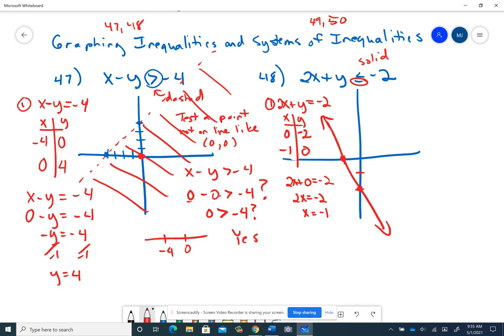But you got to remember to also shade. So you can pick any point on either side of that line. If 0, 0 is available, it's a really good one. So we're looking for the shading now, right? So I'm going to test 0, 0.